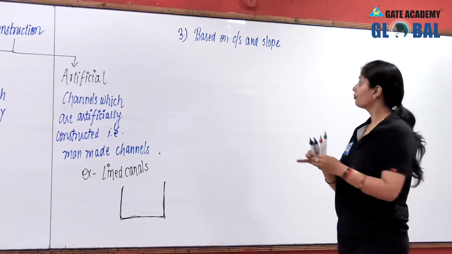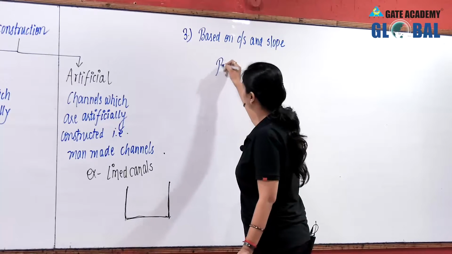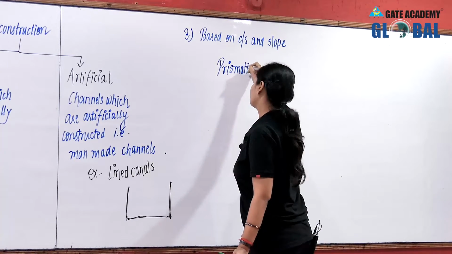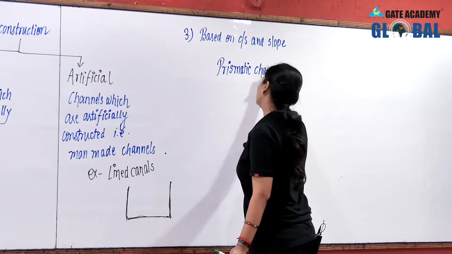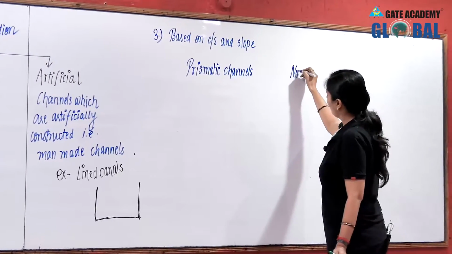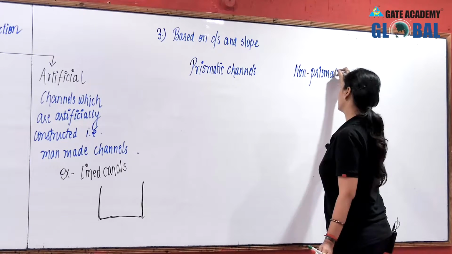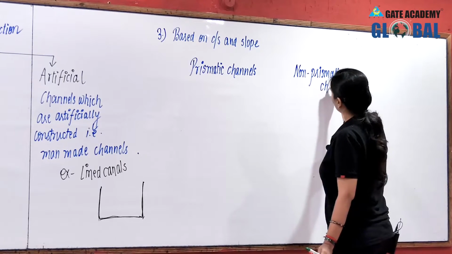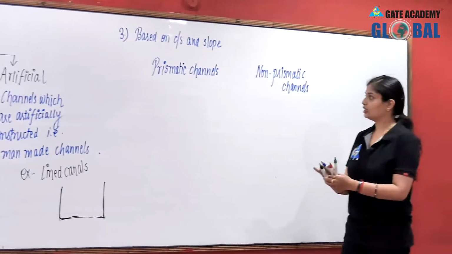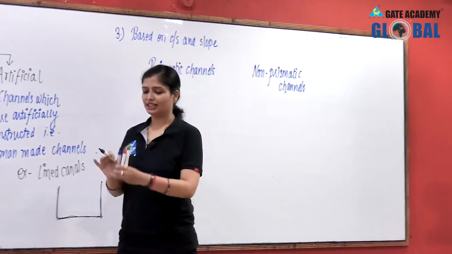Now, you have heard the names, just tell me first: prismatic channels and non-prismatic channels. Have you heard? If you haven't, no problem. First I'll deal with the prismatic channel.